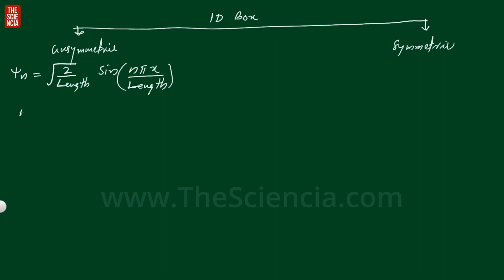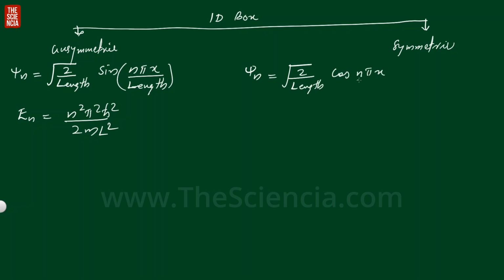And we got the expression for energy, that is En equal to n square pi square h cut square by 2 m L square. And for the symmetric box, we got a function psi n equal to root 2 by L, here L is also the length, into cos n pi x by length.